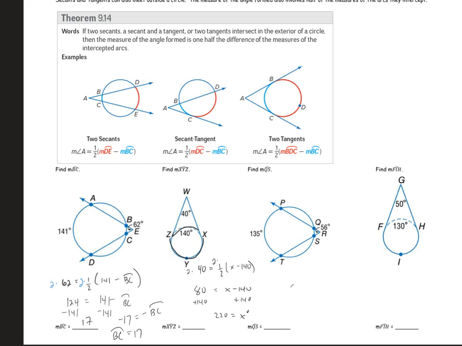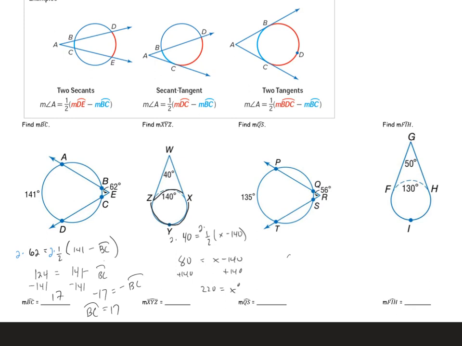All right. Here, again, I need to find the measure of the small arc. So 56 is equal to 1/2 of 135 minus, pardon me, minus the small arc, QS. Times it by 2.